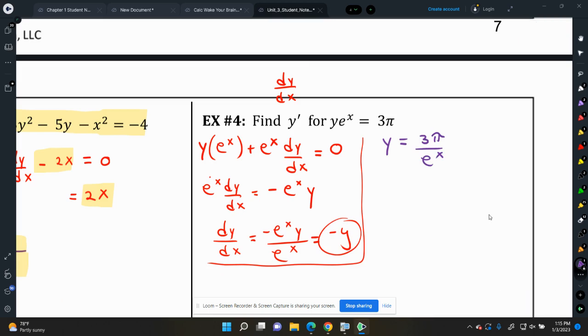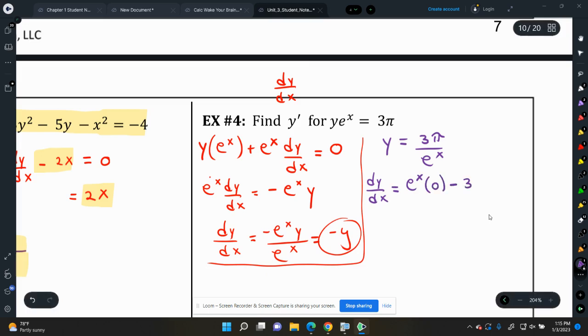Okay, so dy dx equals low d high, derivative of 3 pi is 0, minus high d low, so the derivative of e to the x is e to the x, all over low low.